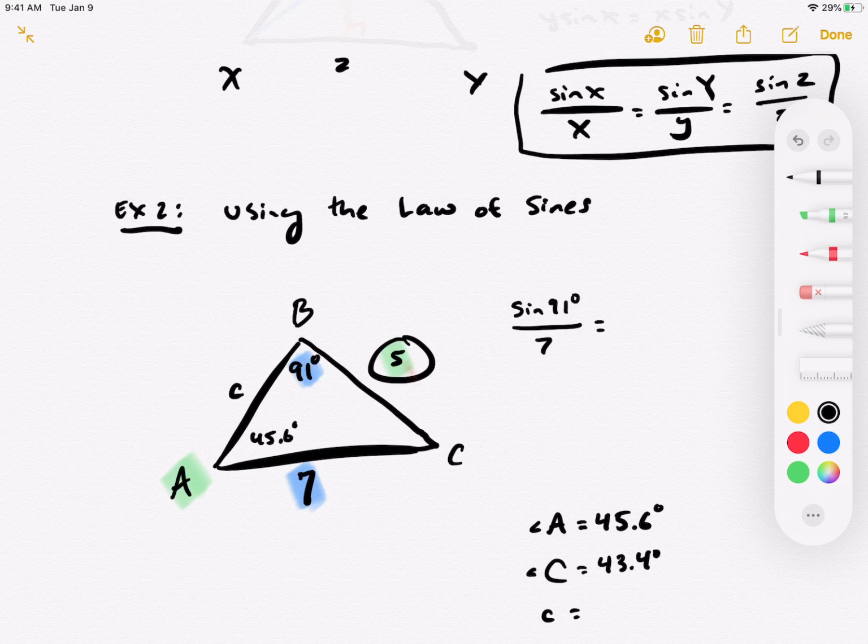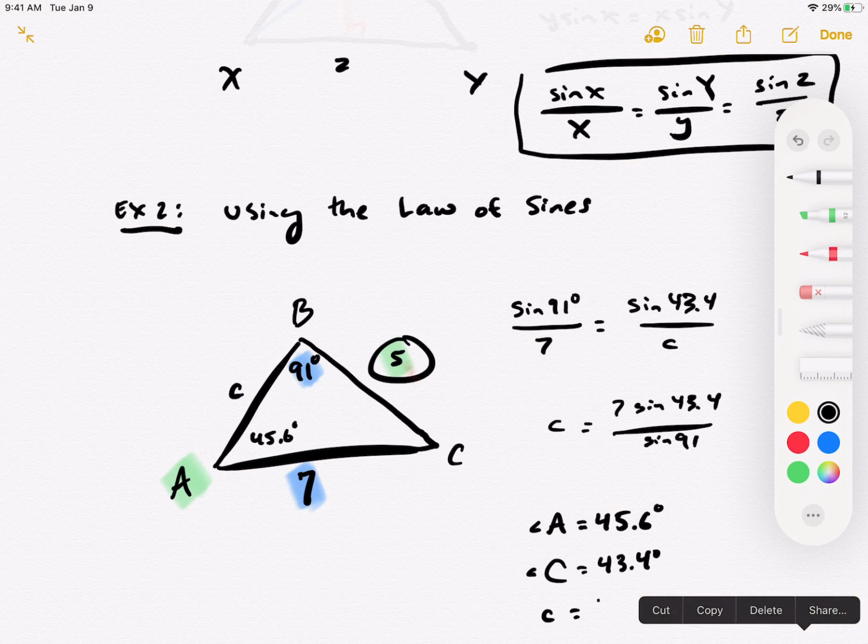That is now going to be equal to the sine of angle C, which was 43.4 over side C. And that means that side C is going to be equal to 7 times the sine of 43.4 divided by the sine of 91. And when you work that out, you get that side C is equal to 4.8, a little bit smaller than 5 as we anticipated. So that's how you use law of sines.